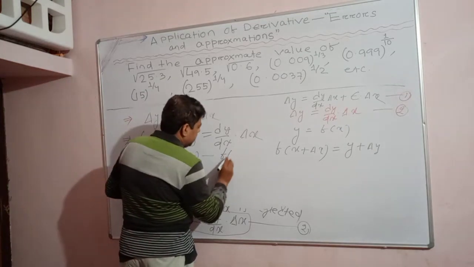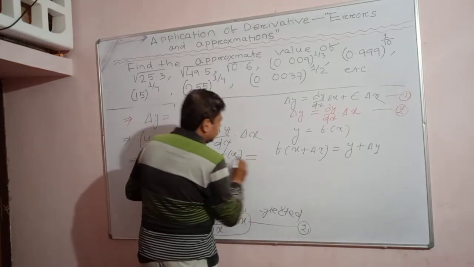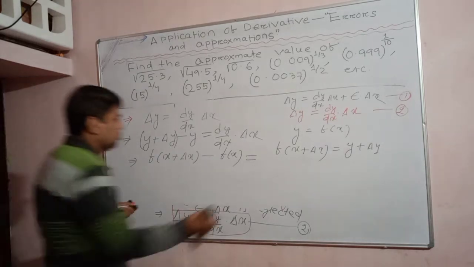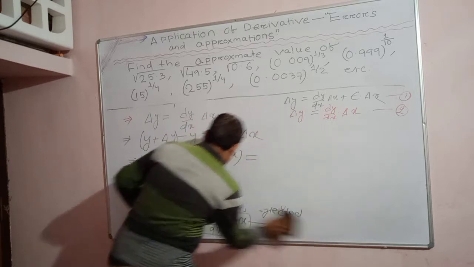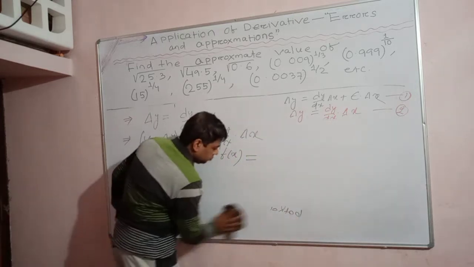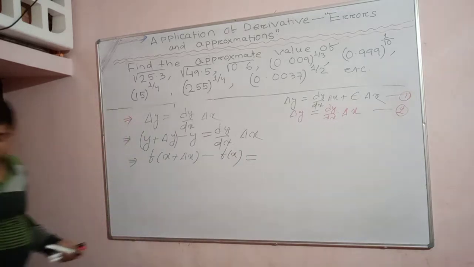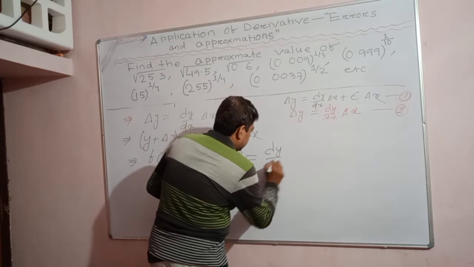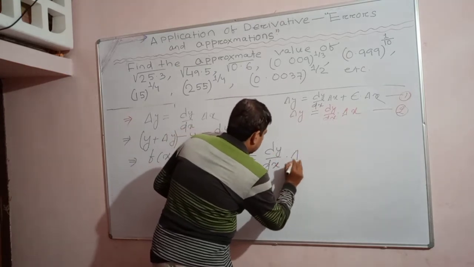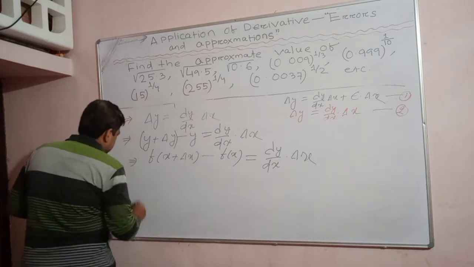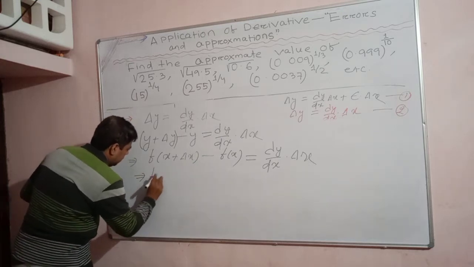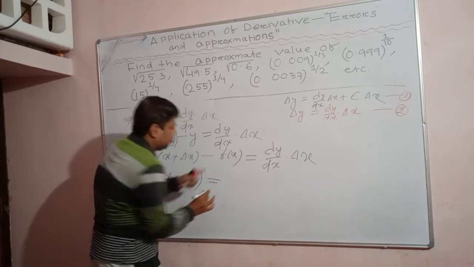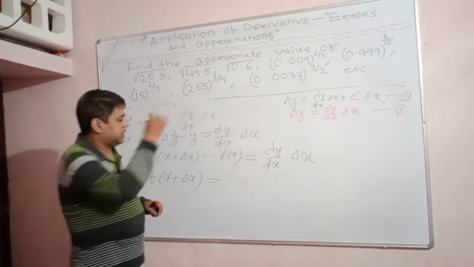Y is equal to f of x, so in place of y we can write f of x, and this is equal to dy by dx into del x. So that implies f of x plus del x is equal to, you see, the minus f of x can be transposed to the right hand side.